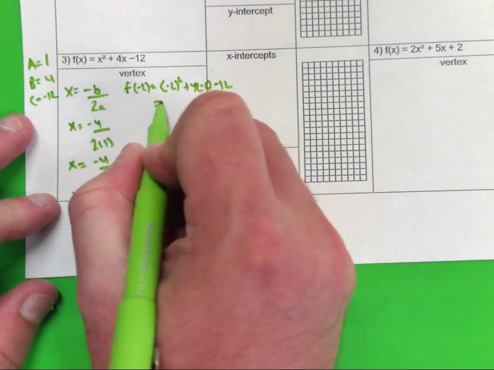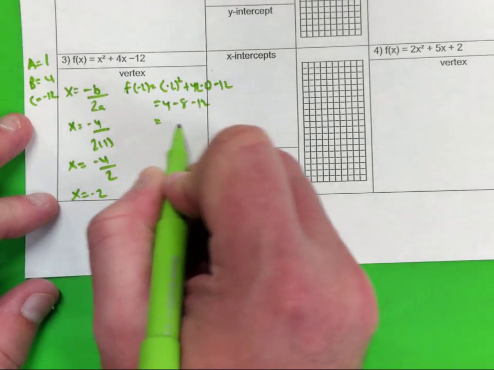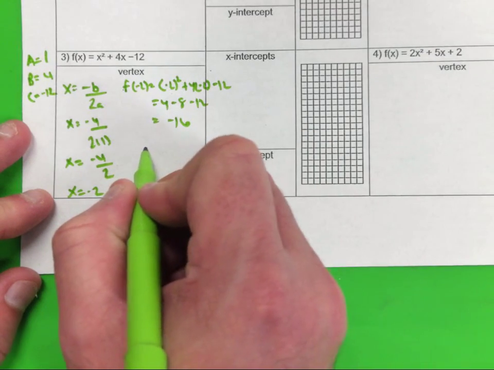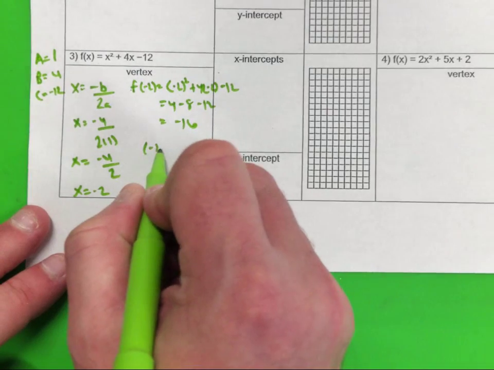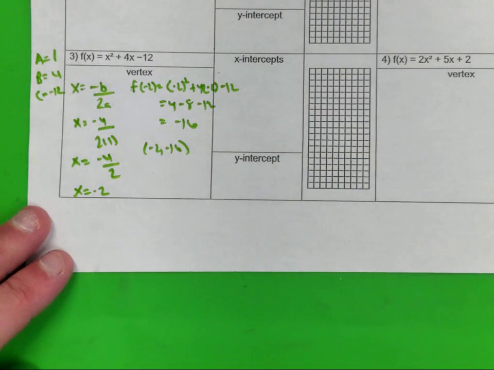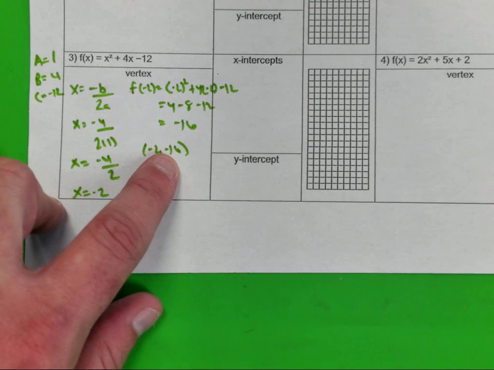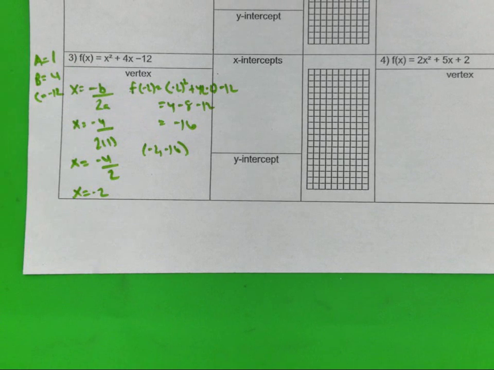So -2 squared is 4. 4 times -2 is -8 minus 12 gives me -16. So my vertex, remember when you write your vertex, you're going to write it as an ordered what? Pair. Very good. So -2, -16. All right, so we found our first thing. That's the vertex. And since the A value is positive, it's going to be pointing what?